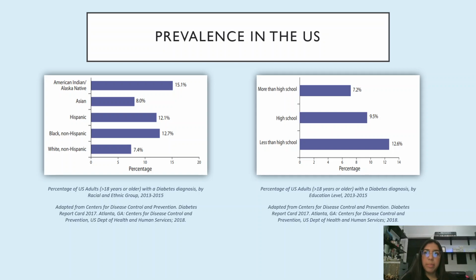At the same time, people with less than a high school education are the most likely to have a diabetes diagnosis. This national data report alludes to a relationship between education, race, and ethnicity, and financial status with diabetes. But this is a lot more noticeable in data in Miami-Dade.